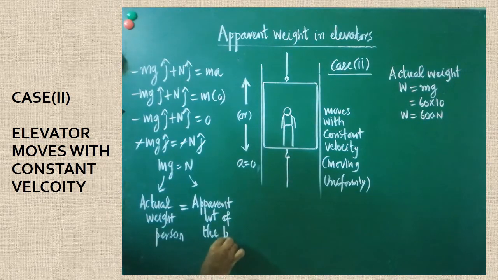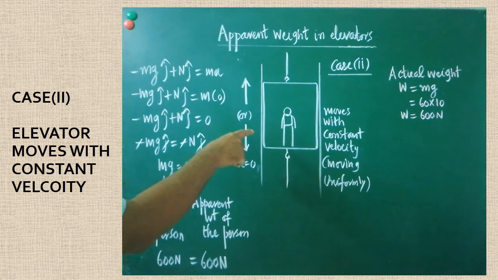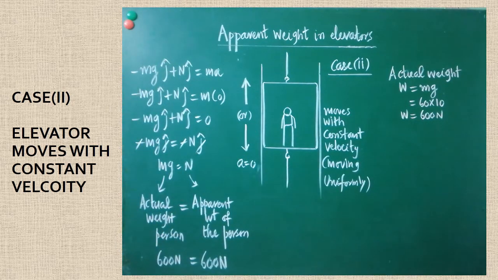What is the value of actual weight of the person? Actual weight of the person is 600 Newton. So apparent weight of the person is also equal to how much? 600 Newton. So there is no change in the weight of the person when the elevator is moving with constant velocity. This is case 2.